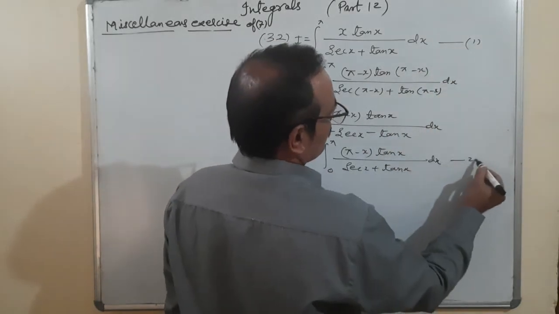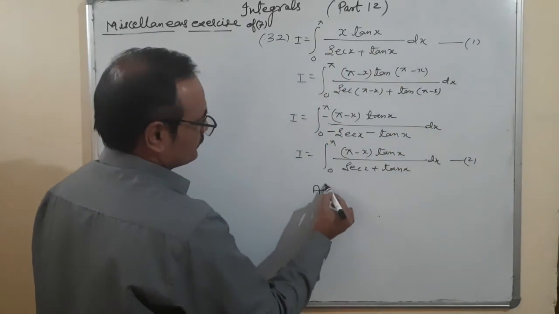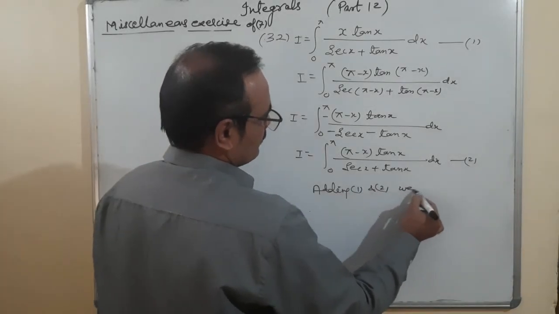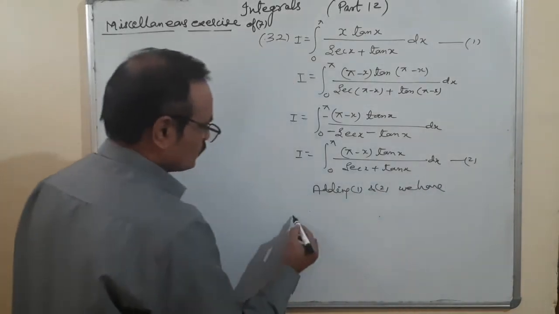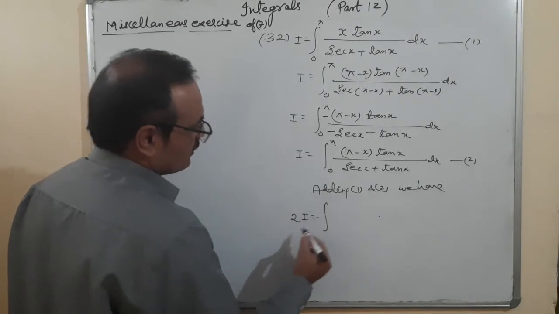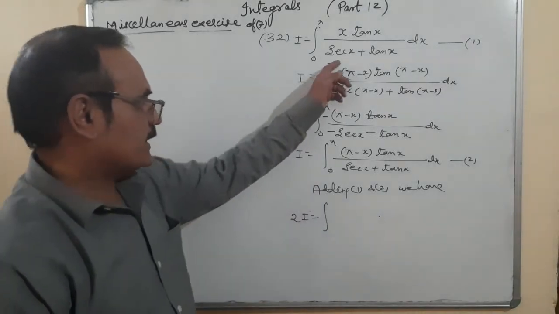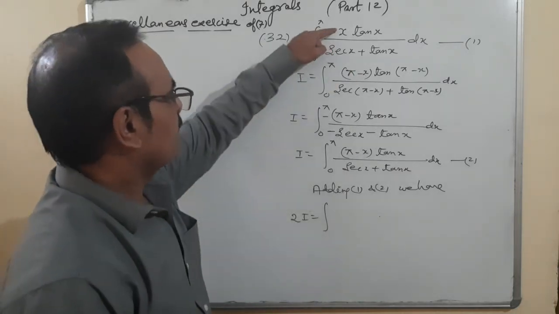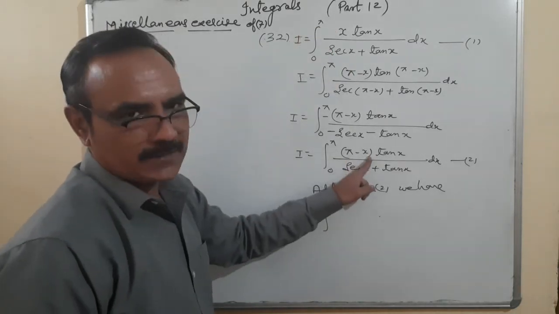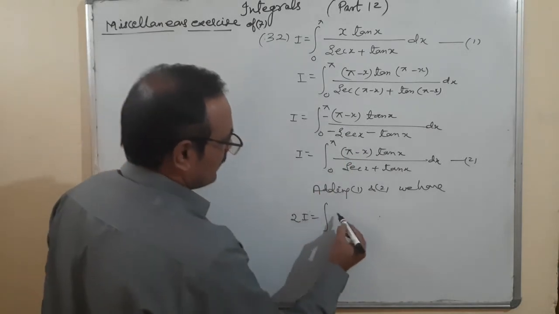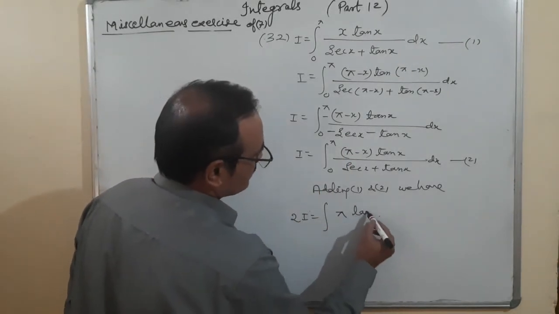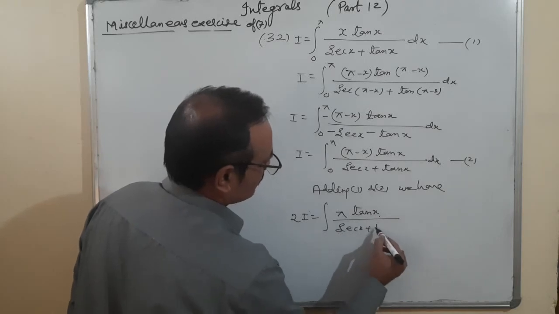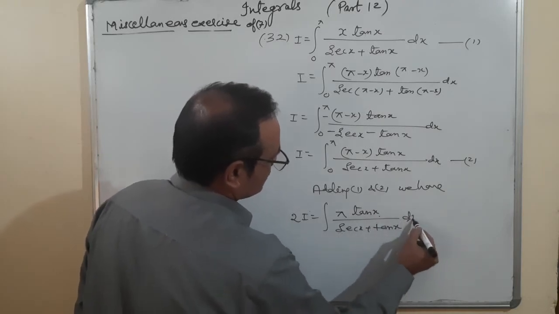Here is number 2. Adding 1 and 2, we have 2I is equal to, when we add it, sec x plus tan x, sec x plus tan x, LCM is the same, upside x plus pi minus x, x cancels, pi tan x upon sec x plus tan x dx.